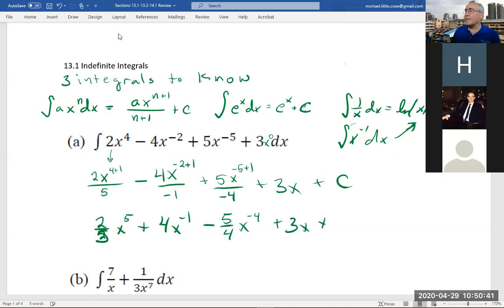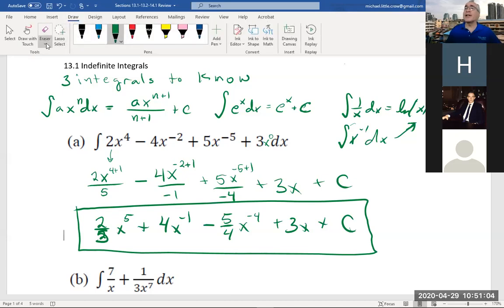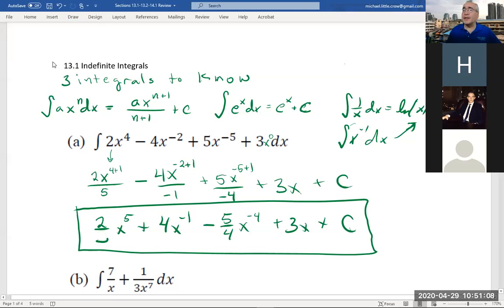And since it's going to be handwritten, unlike WebAssign, which is critical about whether you put a plus C, whether it's a big C or little c, I'm not going to care. So the essay ones, you'll just write them out. The multiple choice ones, you'll just choose one of the choices, and they don't get too fancy on you. You'll be able to see the right ones from the wrong ones.